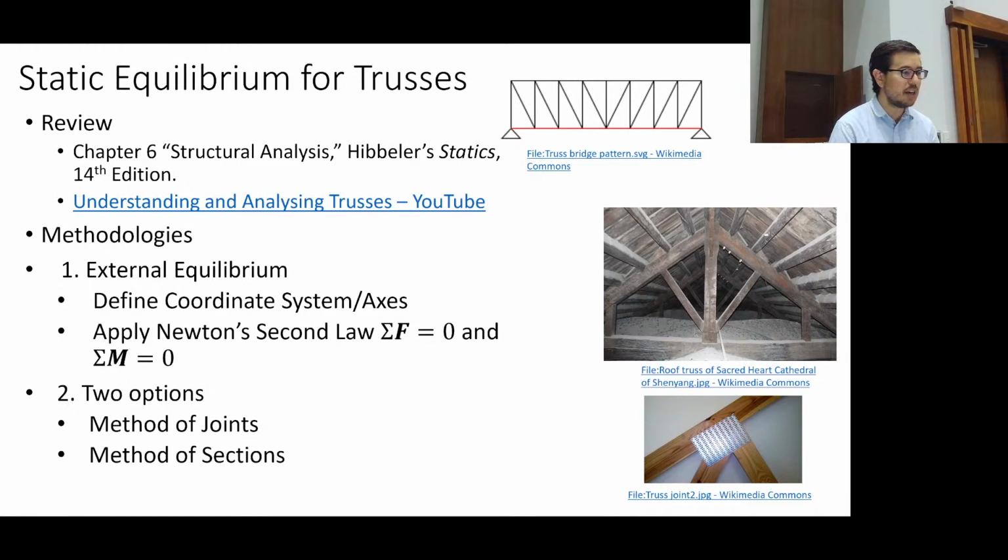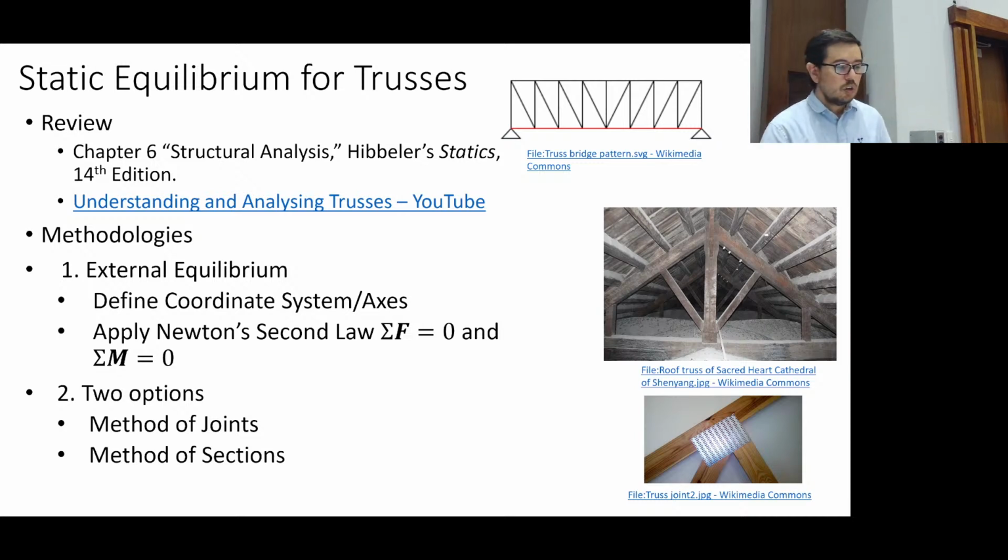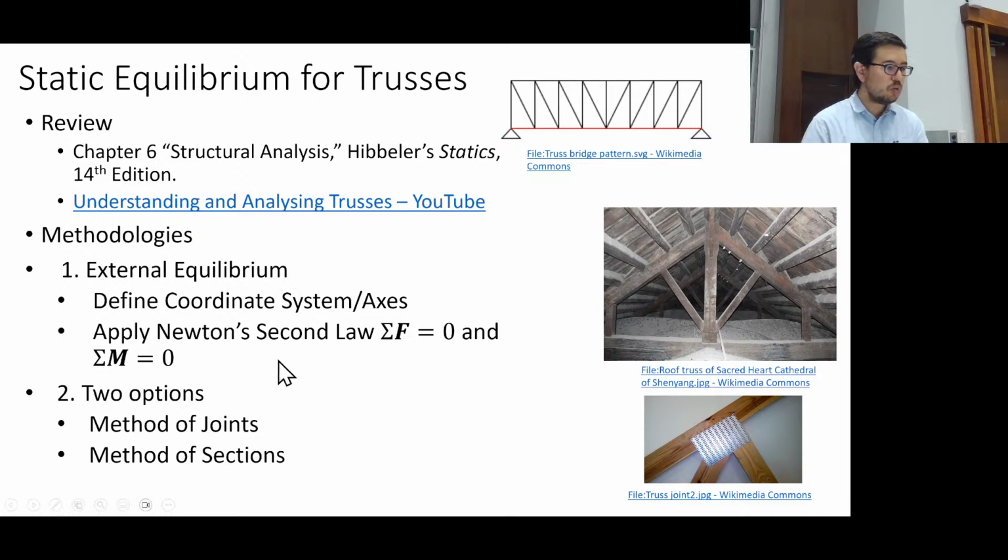Okay. So let's cover the last topic. Trusses.